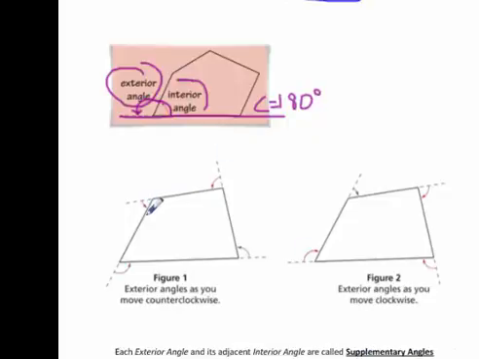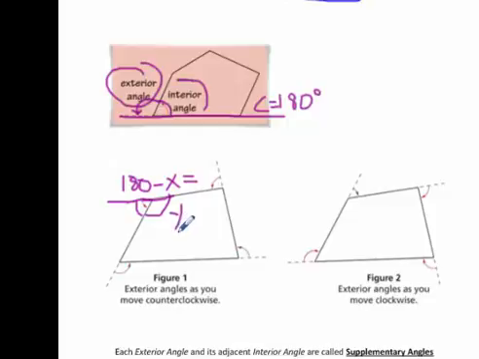So if I were trying, for instance, to figure out what this angle was, if I know the degrees of this angle here, then all I have to do is subtract this angle from 180, and that would give me my interior angle here, and we'll call that one Y.